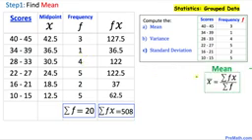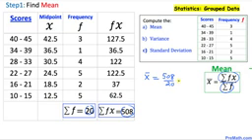And now finally we can calculate the mean that is represented by x bar. So x bar equals this formula. On the numerator, sigma of f x, we already calculated that one. That is 508, divided by sigma of f, in our case, 20.